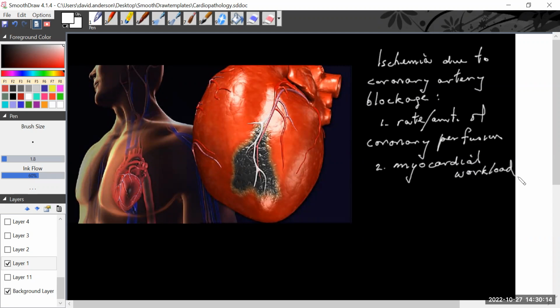So if we suspect or if we know, based on a history and a preliminary examination, that we're concerned about a coronary ischemic episode, then one thing we're concerned about is the age of the heart. One thing that we know with an older heart is that it develops a collateral circulation.